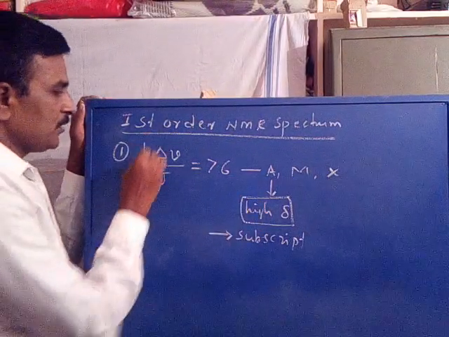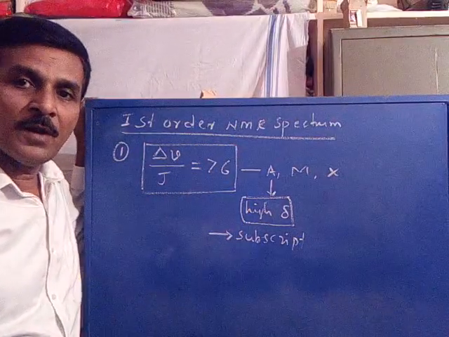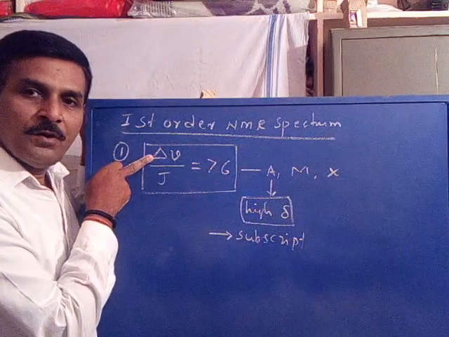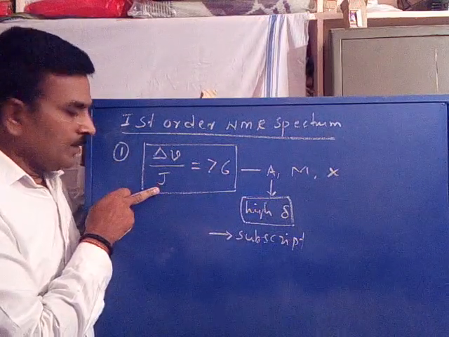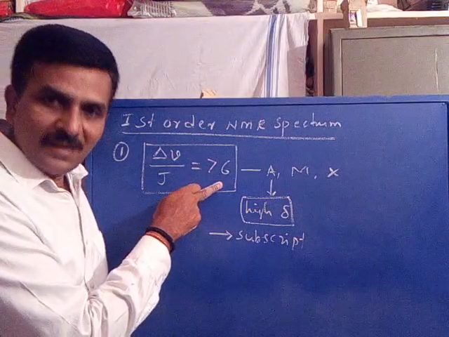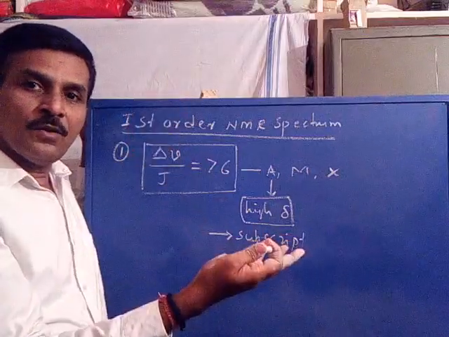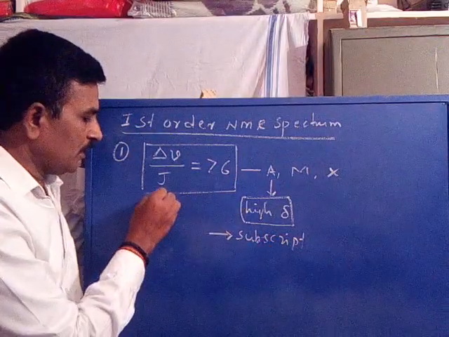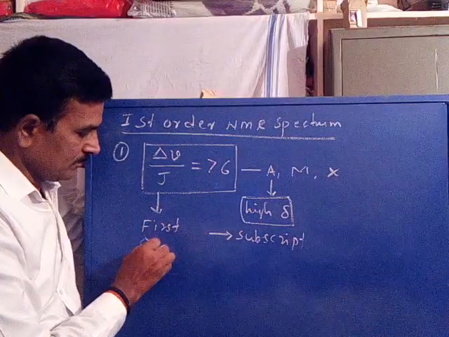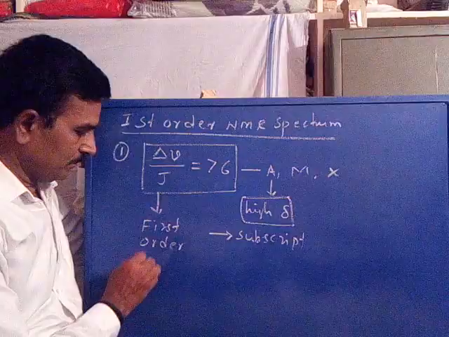In any molecule where the frequency difference of coupled protons with respect to the J value is greater than 6, the spectra for those molecules are called first order NMR spectrum.